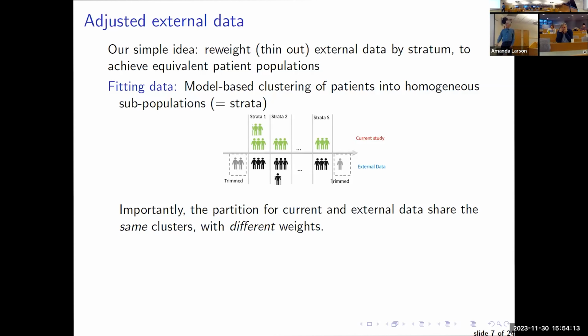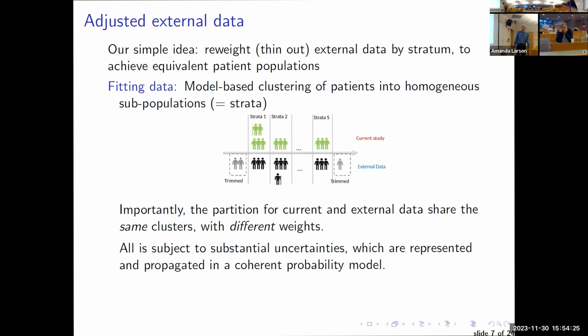So an important thing: those strata are matched, or the terms in the mixture are synchronized. They have the same location for their components, but they differ in the weights, and we'll come back to that. One important thing that distinguishes what's coming up from what I had on the previous slide: we work with that kind of stratification, but we don't freeze the stratification.